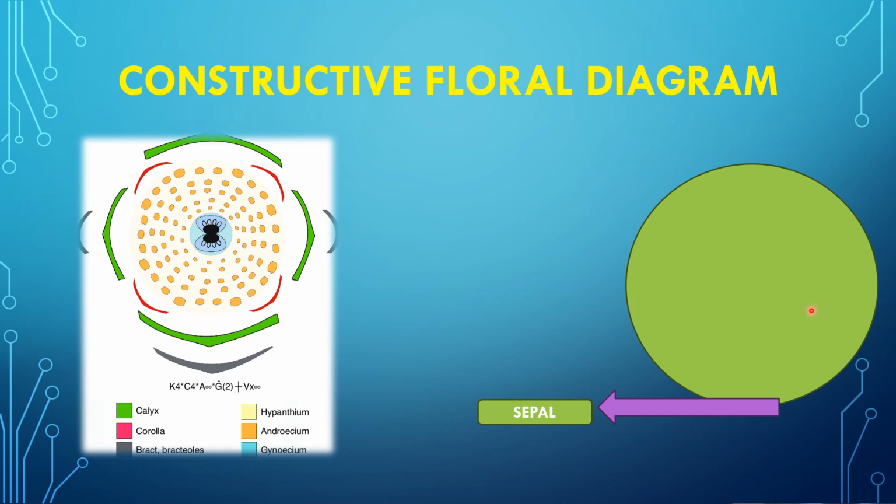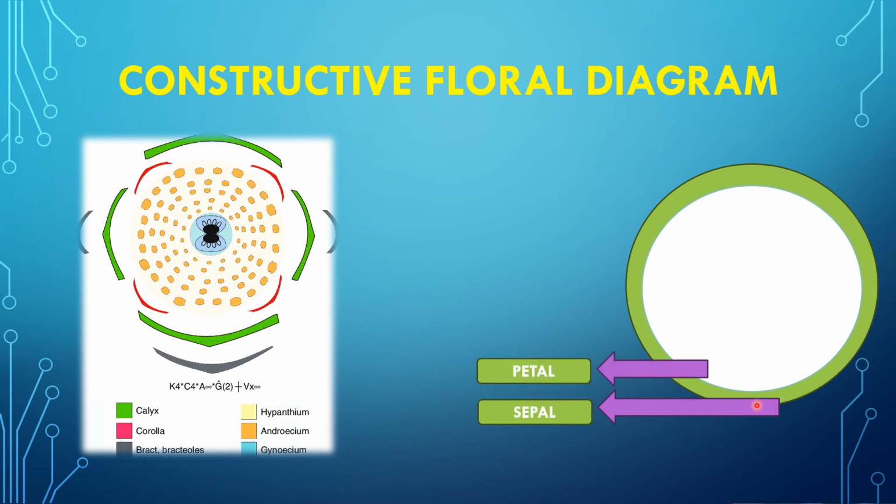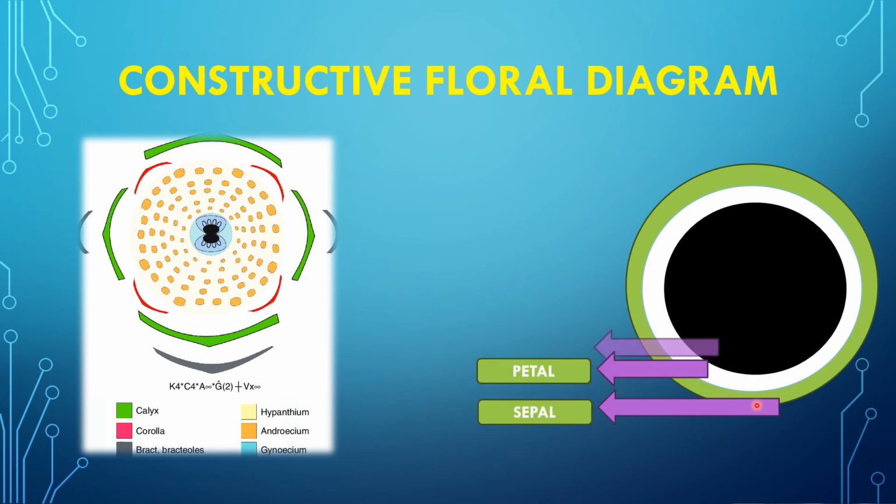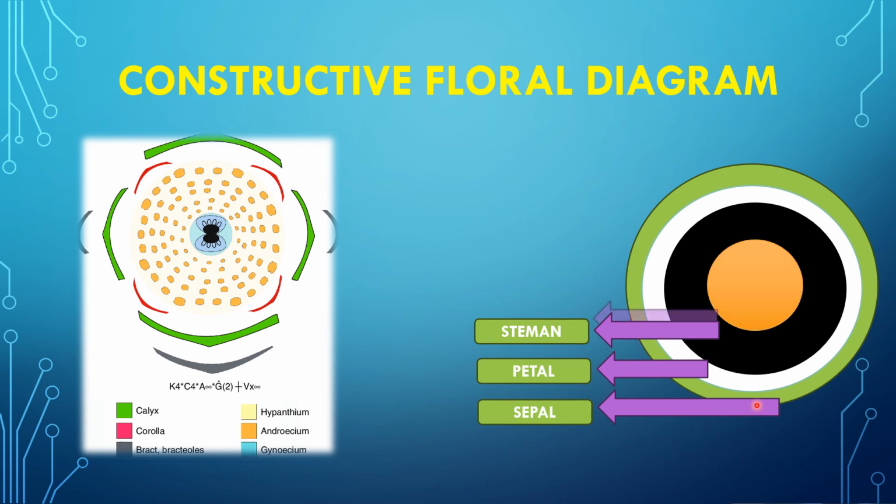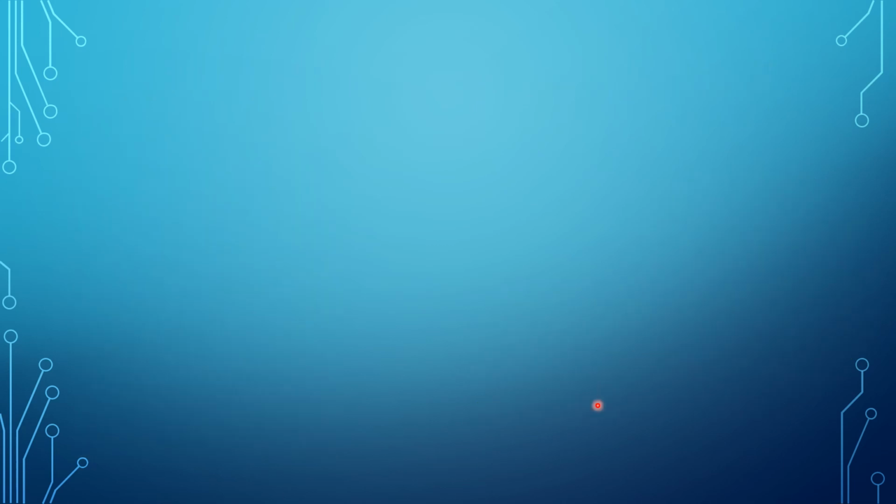The first whorl of the flower is sepal, and then the second whorl is petal, and the third whorl is stamen, and the last, final one is carpel. Carpel is the female reproductive organ, which can also be called gynoecium, and stamen is the male reproductive organ, the androecium, then petal and sepal.